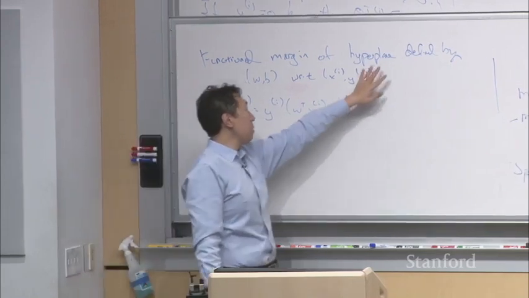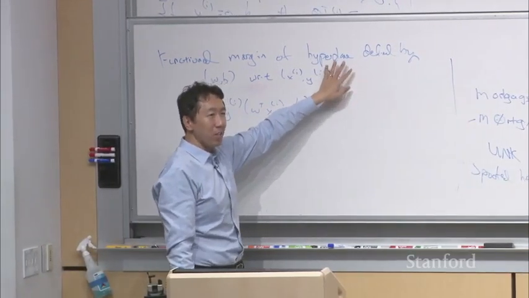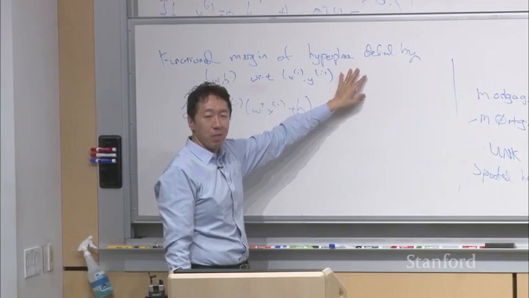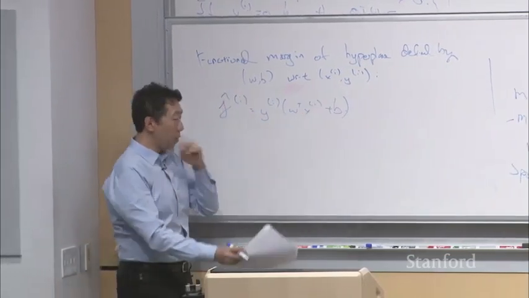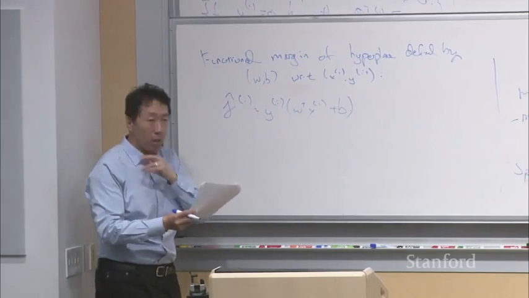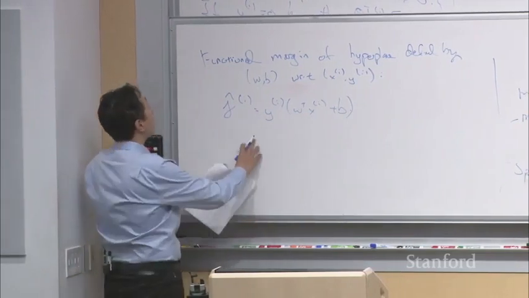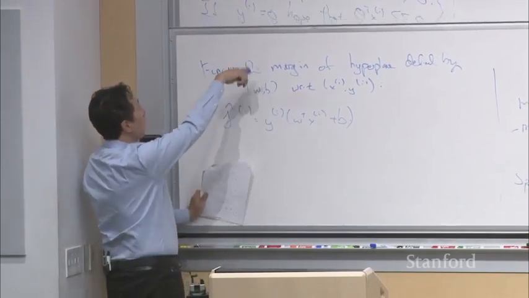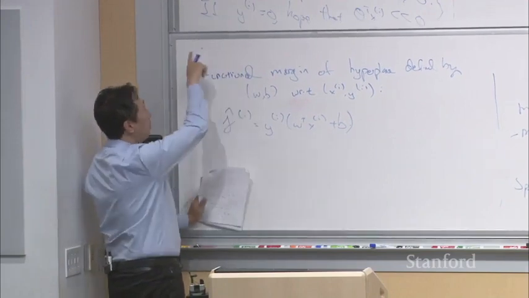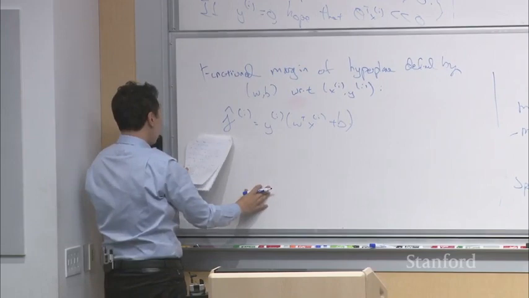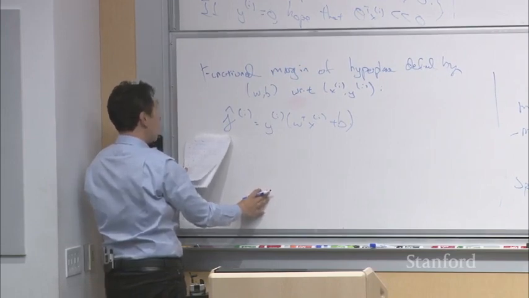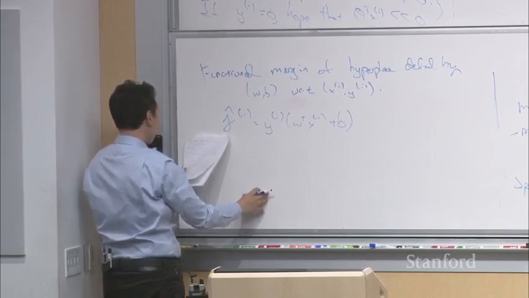And hyperplane just means straight line, but in high dimensions. So this is a linear classifier, and the functional margin of this classifier with respect to one training example we're going to define as this. If you compare this with the equations we had up there, if y equals 1, we hope for that. If y equals -1, we hope for that. So really what we hope for is for our classifier to achieve a large functional margin.